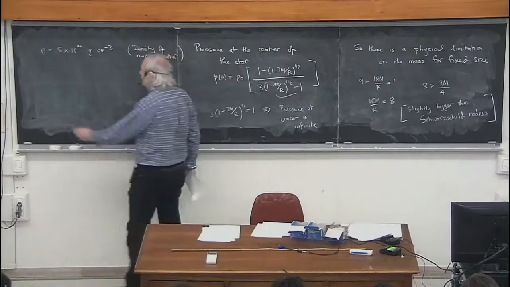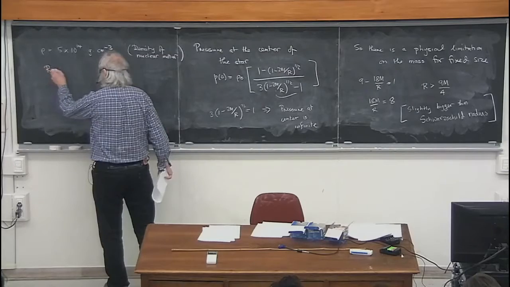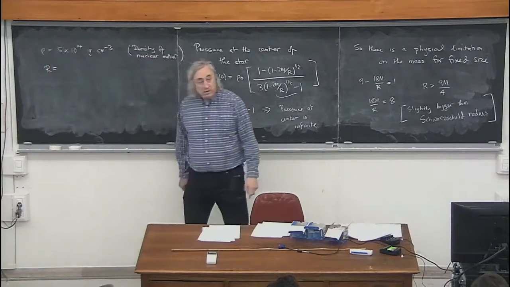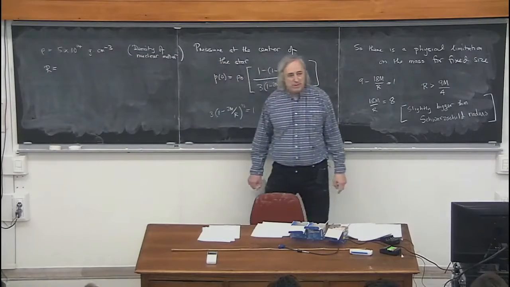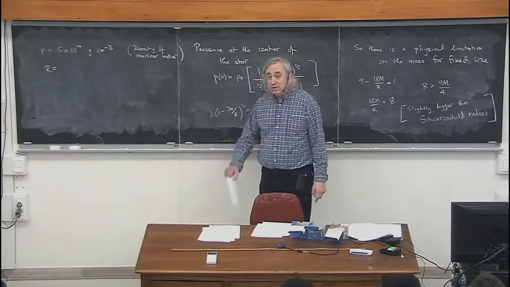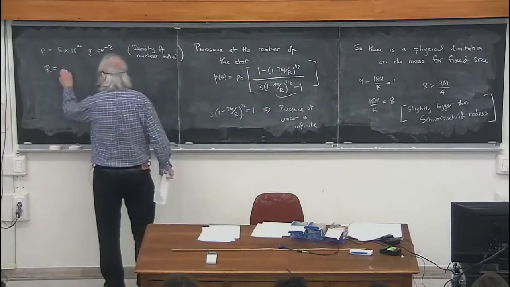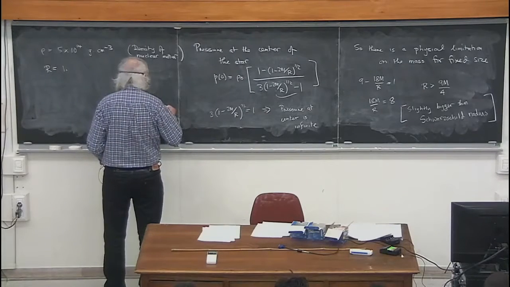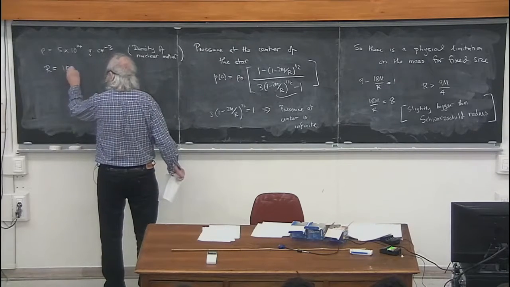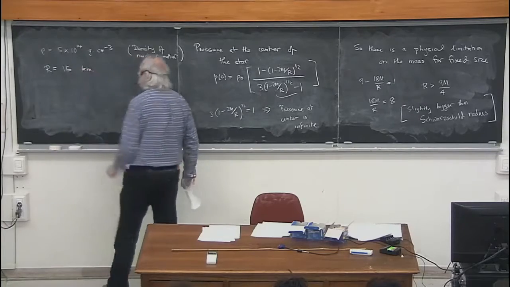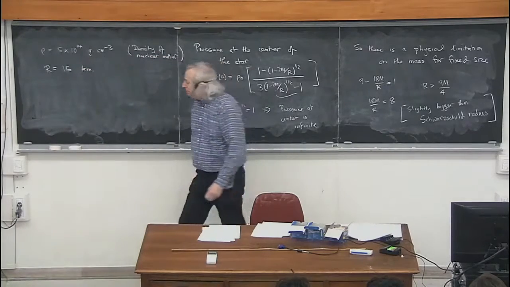What is the size of a neutron star? Observationally you can go off and measure it. Best measured by, well, I'm not quite sure exactly what the best way of measuring it is. 15 kilometers. What is the maximum mass?